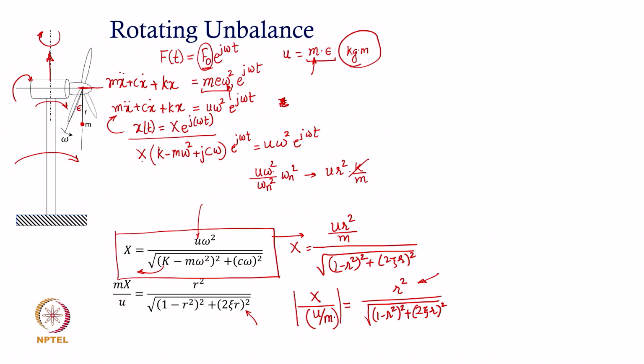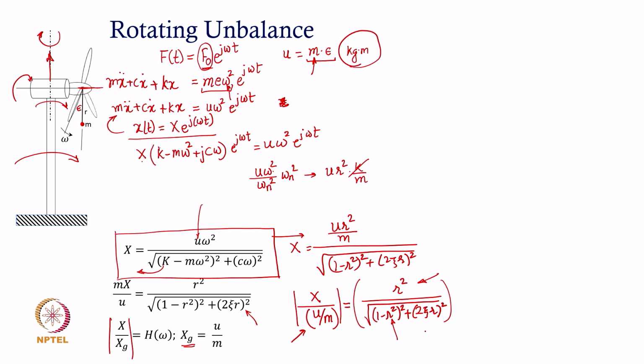Okay. Now, this u over m, if we call this as x g, then x over x g, which is the same as this, is your dynamic magnifier, or sort of a scaled frequency response function H omega. So, that ratio is this quantity, which now can be plotted so as to see what kind of response we get by plotting this as a function of the frequency ratio.